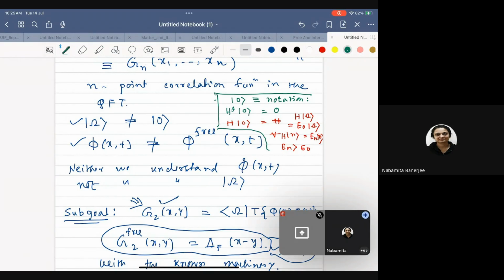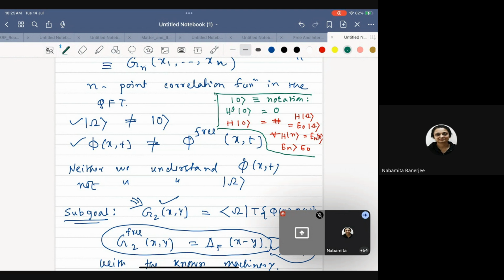If you go back to your free theory, that Omega is nothing but the 0, because 0 has the lowest energy. It's just a notation to tell you that we are in a different theory where the two vacuums need not be the same.